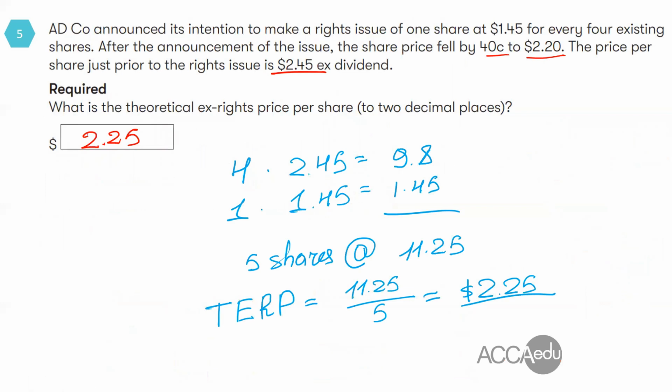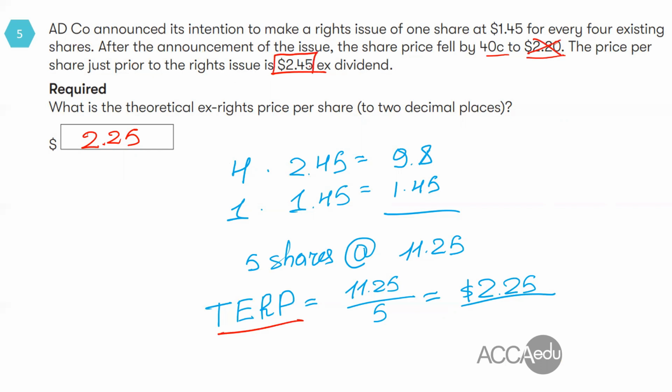The fifth one, a very straightforward question, right? Theoretical ex-rights price, or TERP as we say it. Here, if we read the task, it says that for every 4 existing shares, you get 1 rights issue share. So we should find the share price just before the rights issue. It fell by 40 cents to 2.20, but we don't need this figure. We need the price per share just prior to the rights issue.